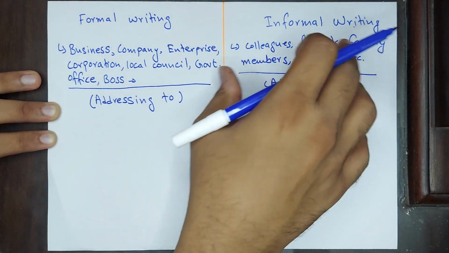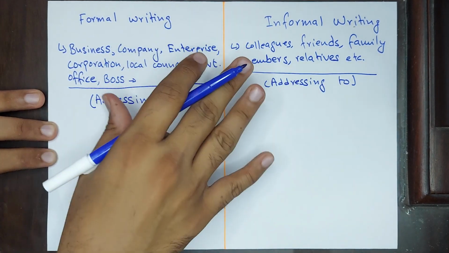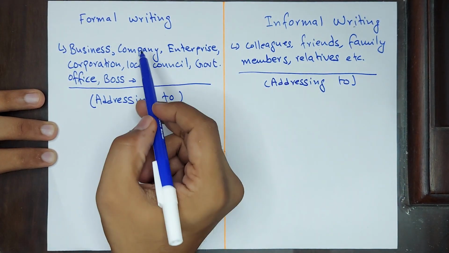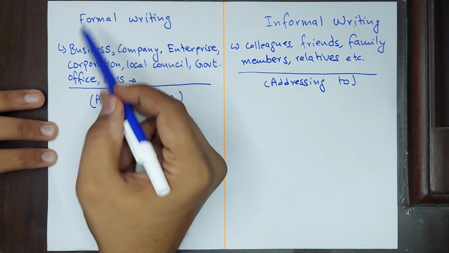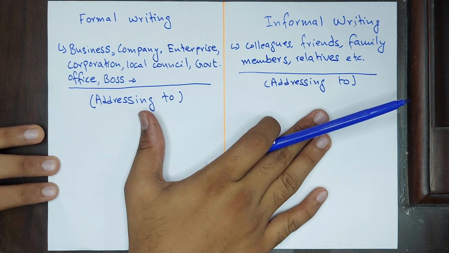Informal writing, formal writing. IELTS General Writing Task 1. This is how you're going to use formal writing, and this is going to be informal. I think this is pretty simple and clear to understand.